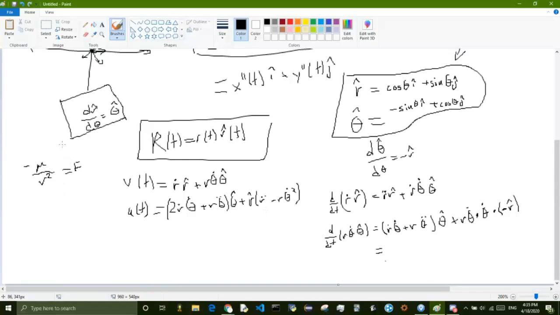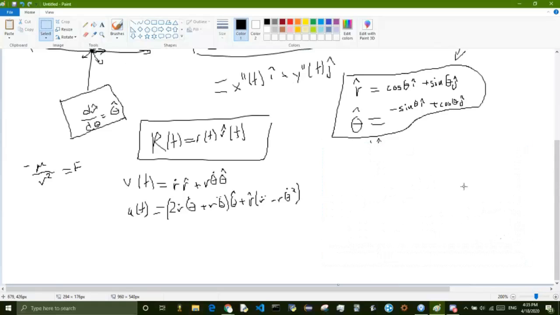Now, F, remember, is directed along what direction? The force of gravity is directed along what direction in terms of polar coordinates? Wait. Oh, in this case, it would be the centripetal acceleration. So it would just be inwards, right? It would be towards the origin.